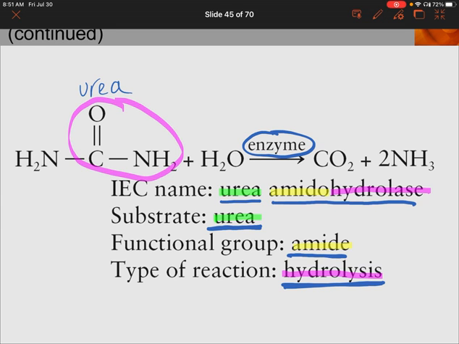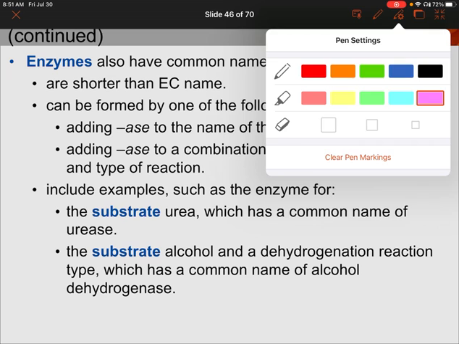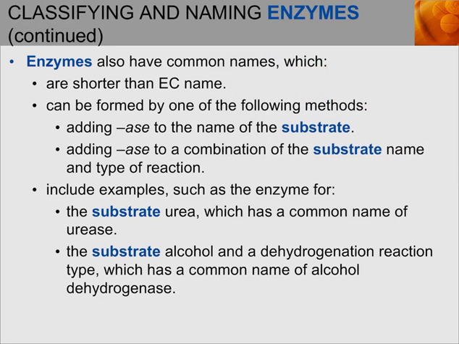All right. Now, of course, the EC system is kind of complex, so there's also common names that we might use. And common names for enzymes are shorter than the EC system names. For instance, we could just list the substrate with ASE on the end.